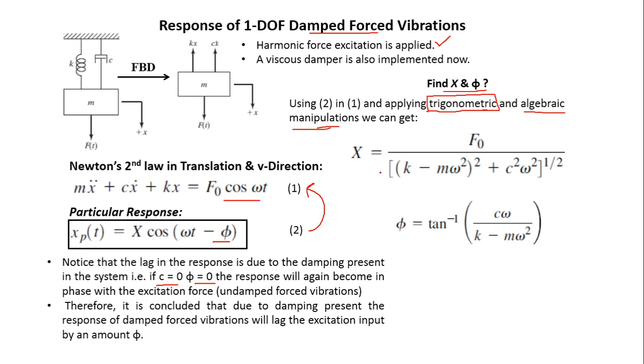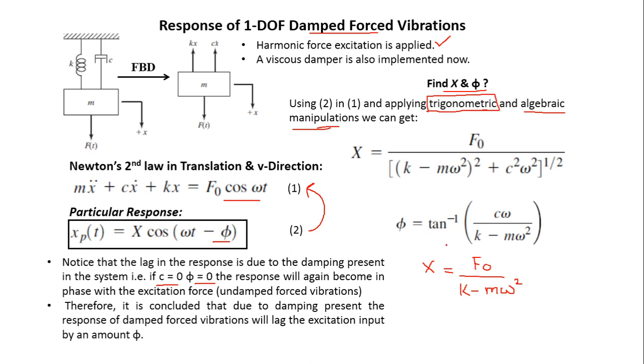So if you compare the value of this x with the value of x that we received in the undamped forced vibration problem, okay, that was f naught upon k minus m omega square.